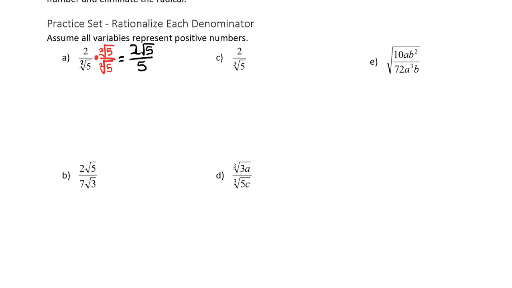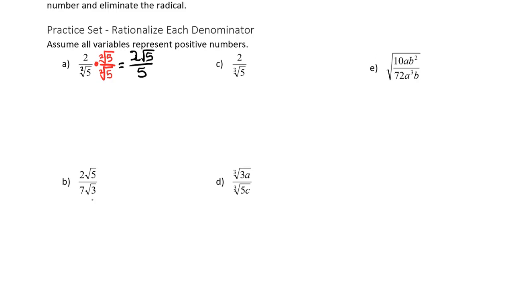Let's try that again. In this second example, B, we have 2 root 5 over 7 root 3. The 7 doesn't need to be worried about. It doesn't have a radical in it. But the root 3 needs to be multiplied by something so that when it's multiplied to that something, the radical drops out.